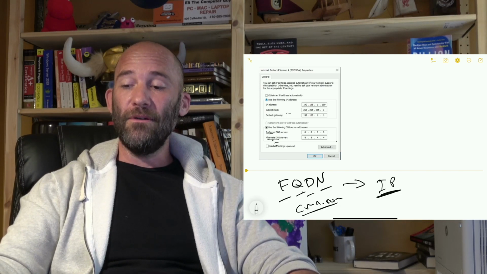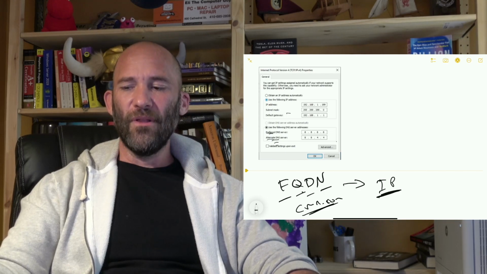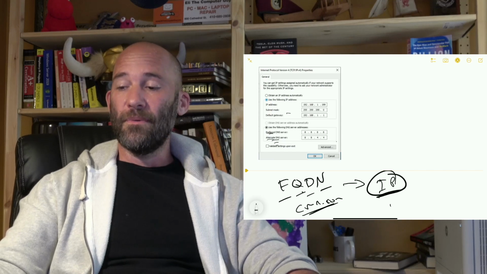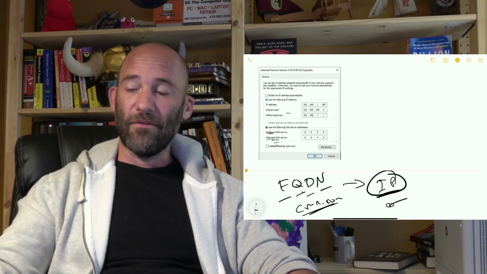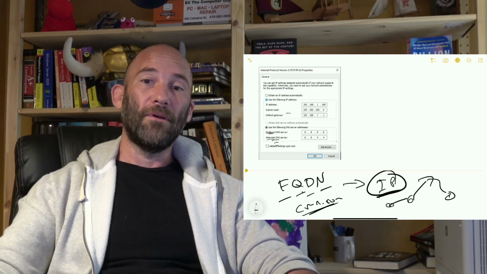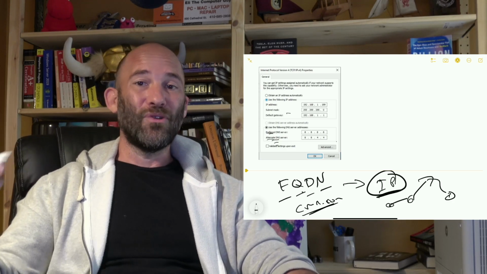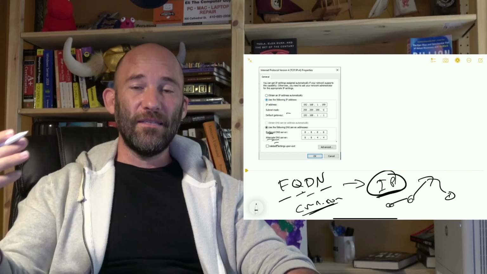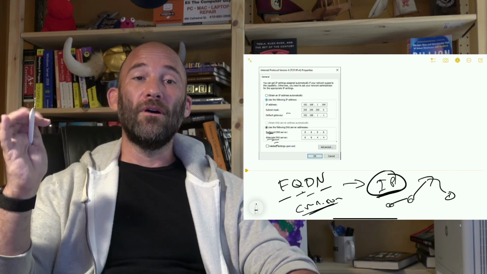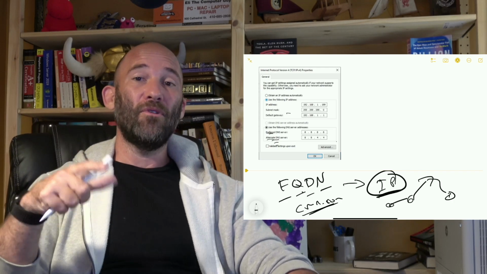What DNS will do is resolve that fully qualified domain name to an IP address, and then once your computer knows the IP address, however the routing goes in your network, it will connect your computer to the server that you're trying to communicate with. So DNS takes CNN.com or a mail server, or local host names within your network.